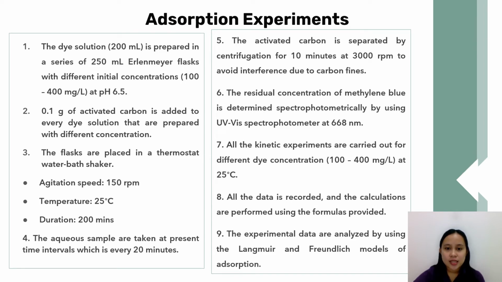All the kinetic experiments were carried out for different dye concentrations at 25 degrees Celsius. All the data is recorded and the calculations are performed using the formulas provided. Then the experimental data will be analyzed using the Langmuir and Freundlich models of adsorption.